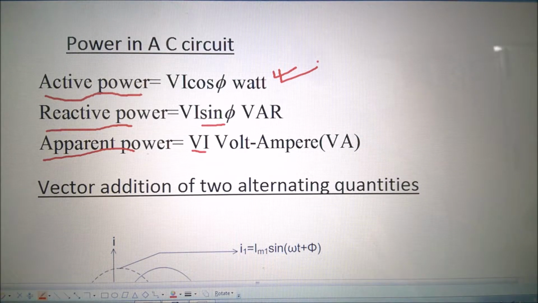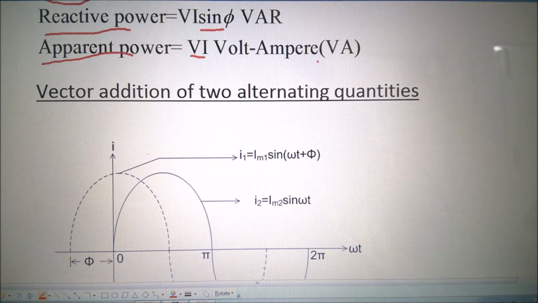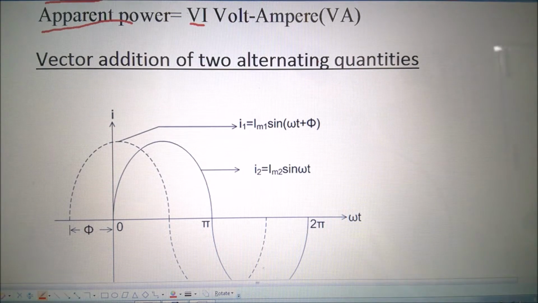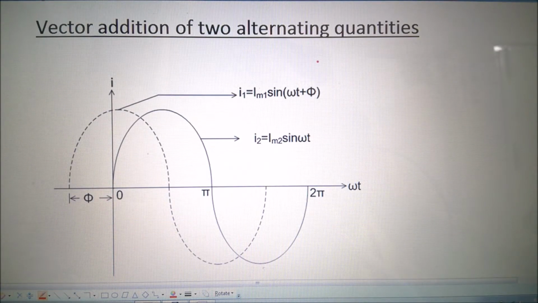Now we come to another important concept in AC fundamentals: vector addition of two alternating quantities. We'll be discussing only sinusoidal waveforms. Let me consider two sinusoidal waveforms. One is expressed as I2 equals Im2 sin omega t.